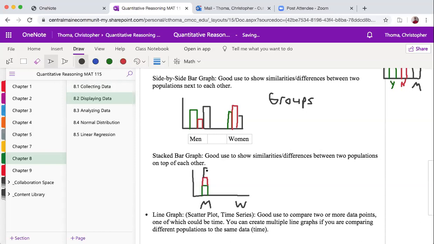So what this graph shows me is my total results of how many men answered the question versus how many women answered the question, kind of really all stacked together.